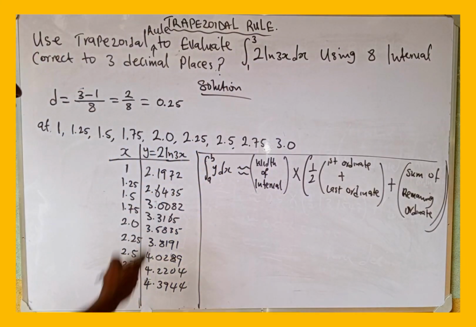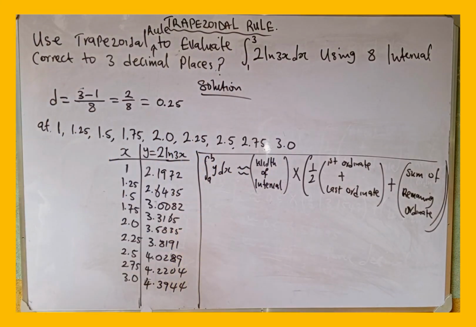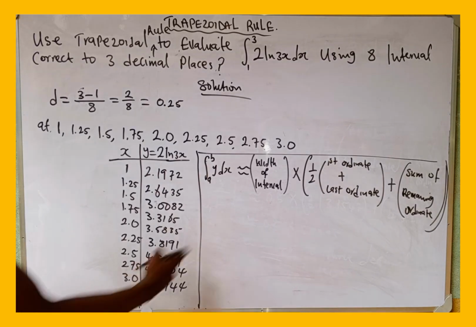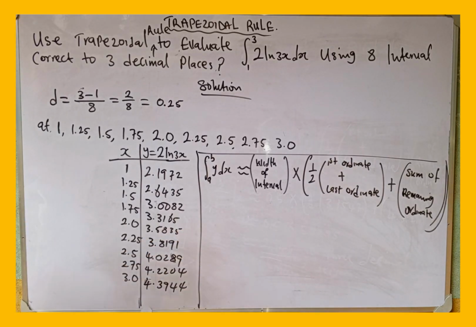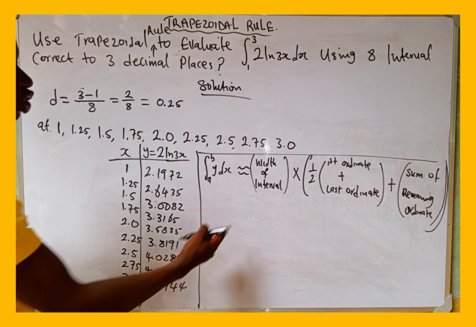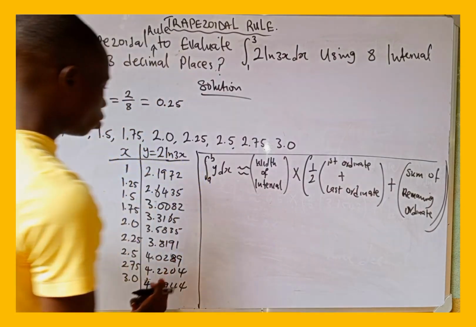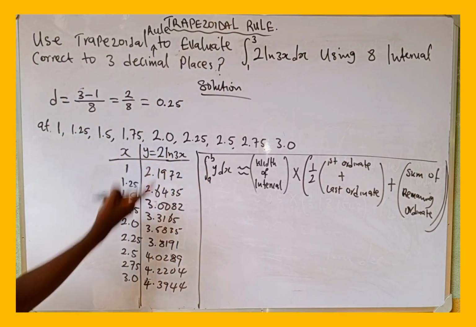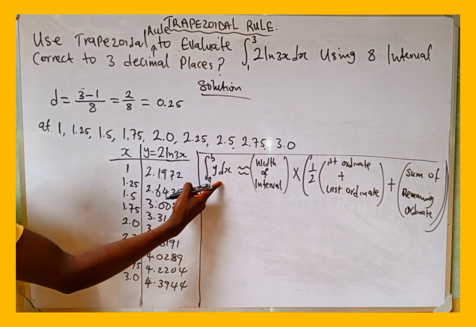So with this formula, here are the ordinates. So we are going to substitute. It's very, very easy now to substitute into this formula, because here, this is the ordinate. So this is the integral given.